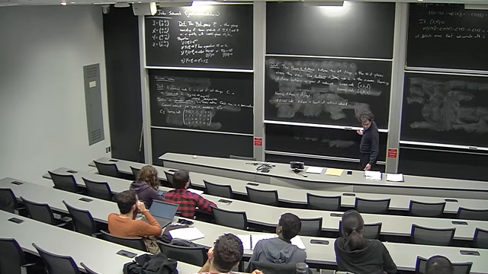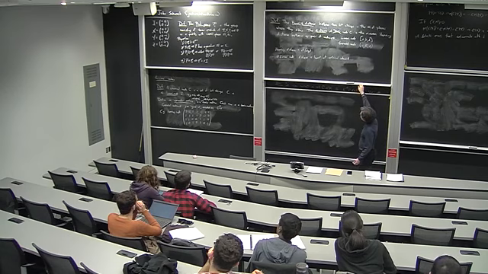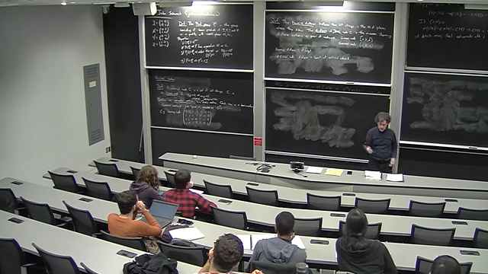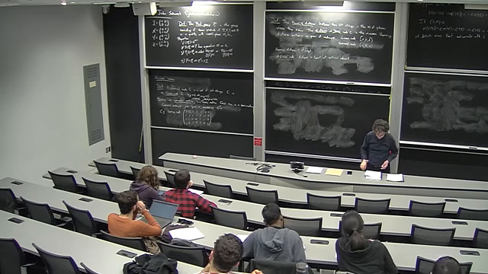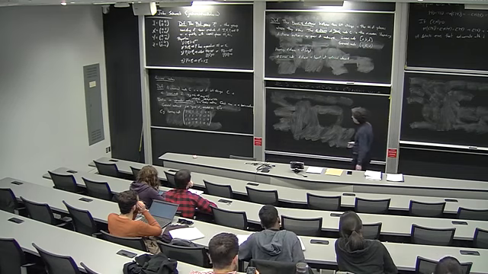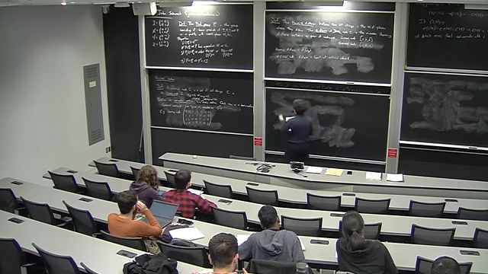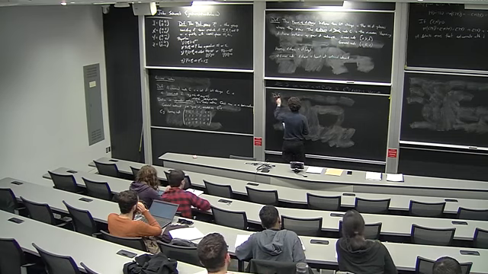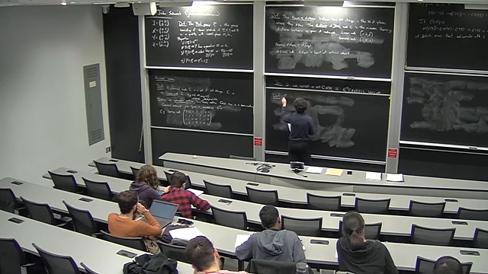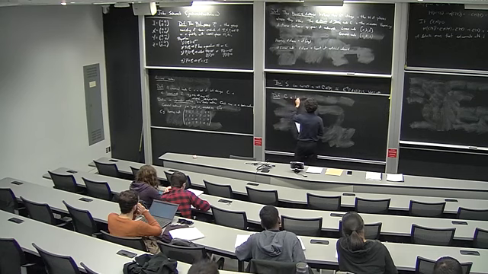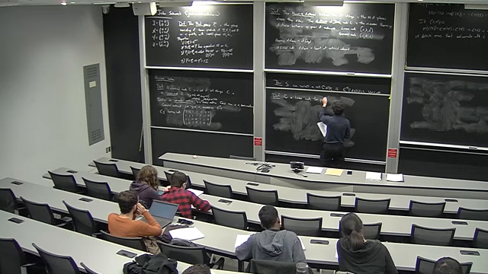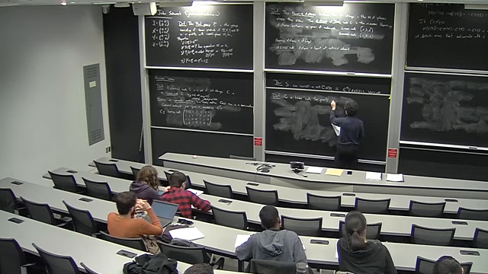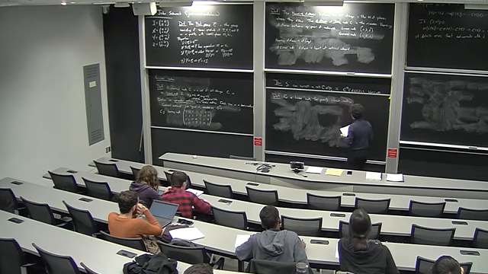Then the last thing I want to say about linear codes before making the connection to stabilizer codes is to talk about the parity check matrix. The parity check matrix is not actually unique, so it could be a parity check matrix.